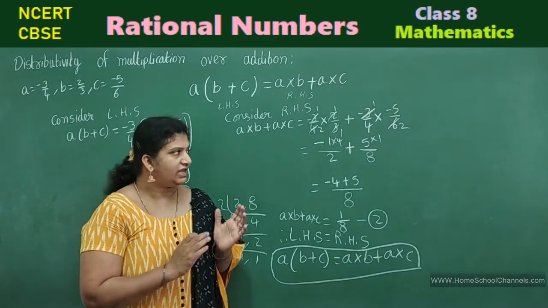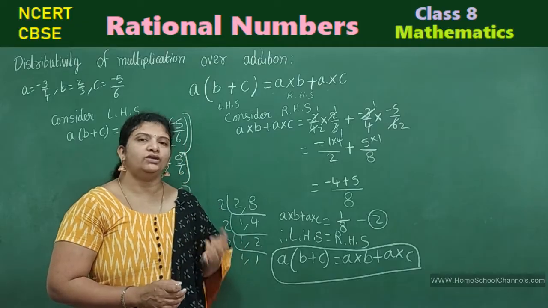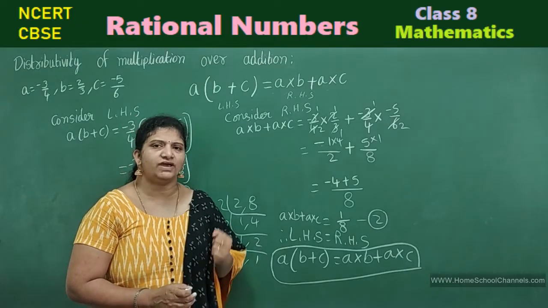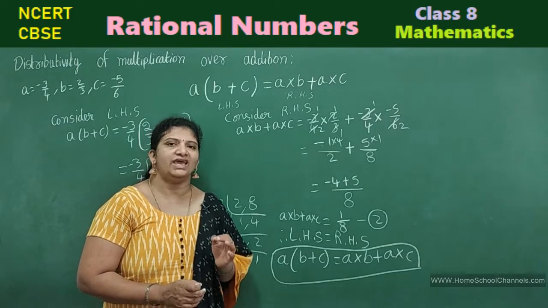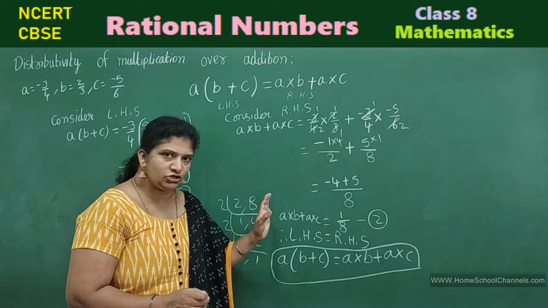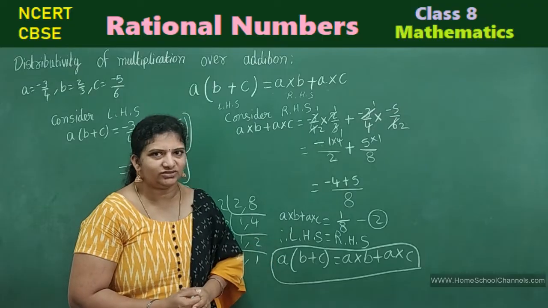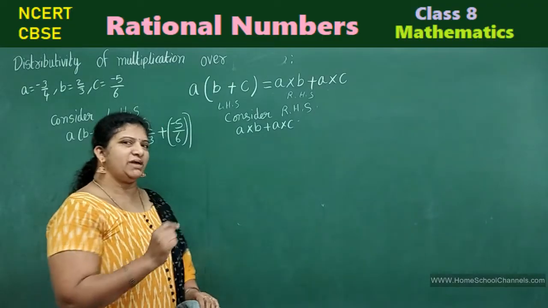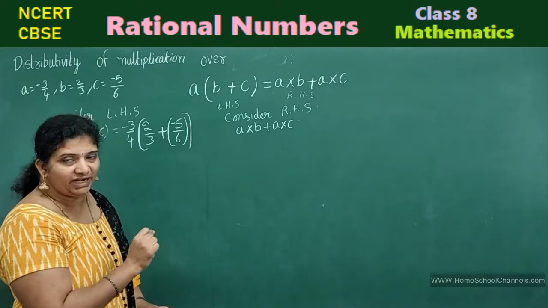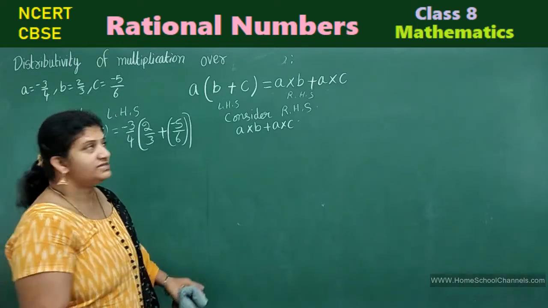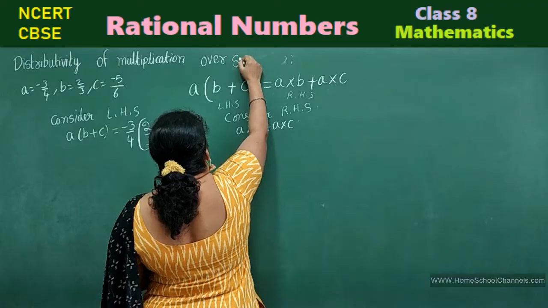Is this clear? If you want to practice, take 2 or 3 examples of any other 3 rational numbers A, B, C, substitute in this property and check it out. Now with the same A, B, C values, I am going to do the distributivity of multiplication over subtraction.